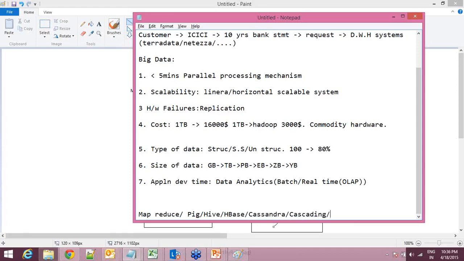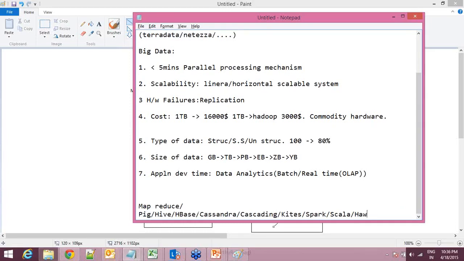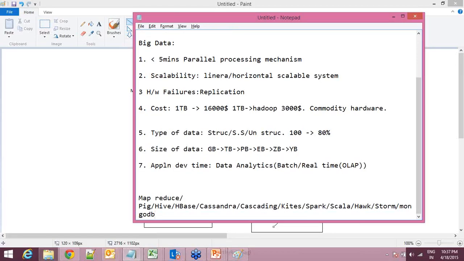Cassandra, Cascading, Tez, Spark, and Scala, and so on. If you write it out, there is a very big list. MongoDB, CouchDB, Impala.